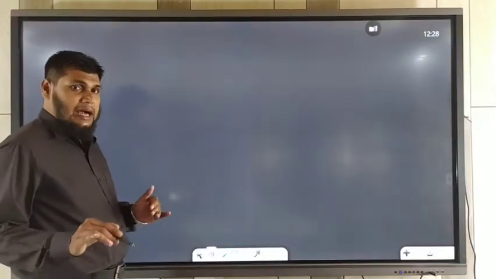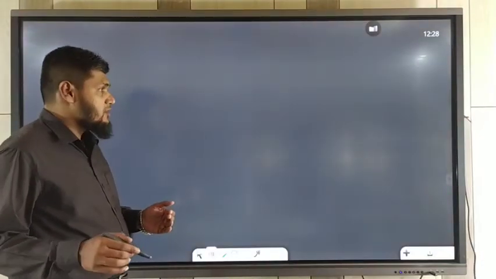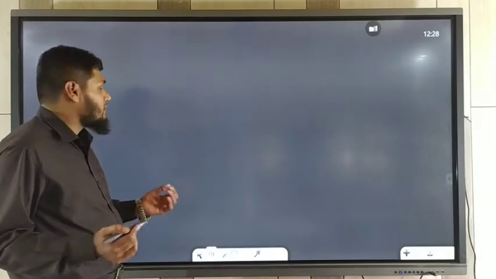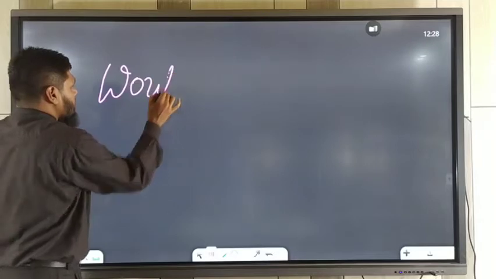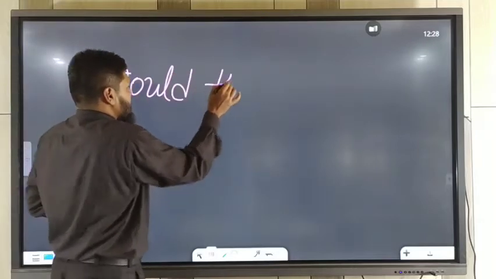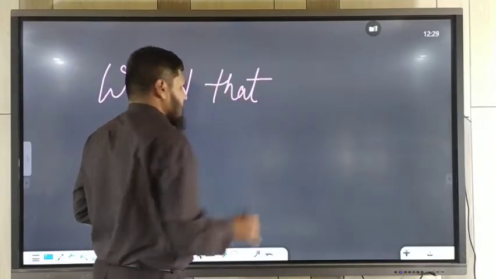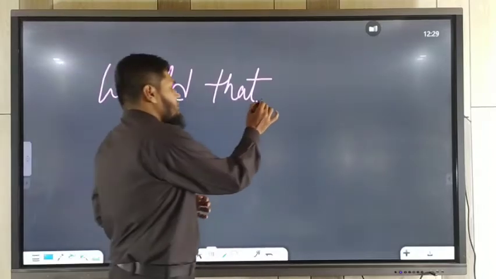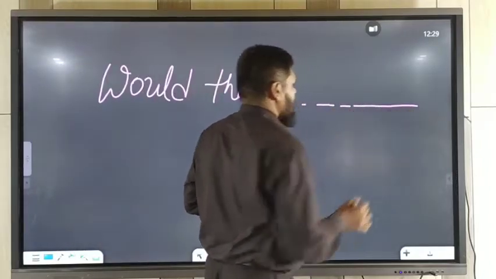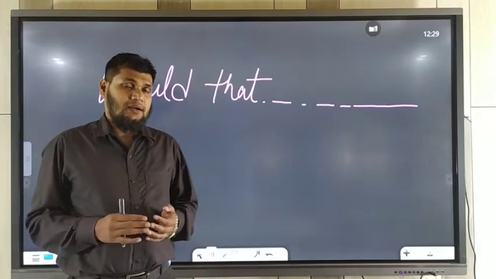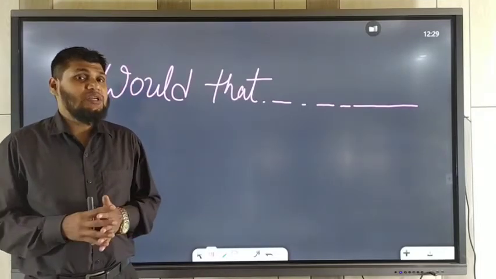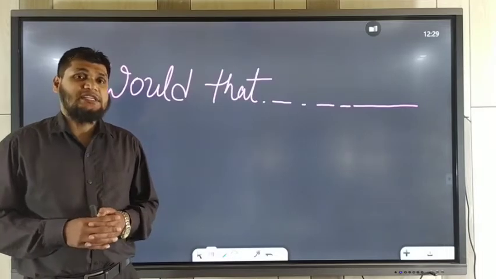Suppose I have a desire, so I express it using would that. What does it mean? We know that it expresses my desire that is not true in reality, but I have a desire.